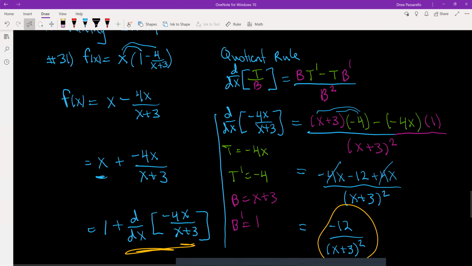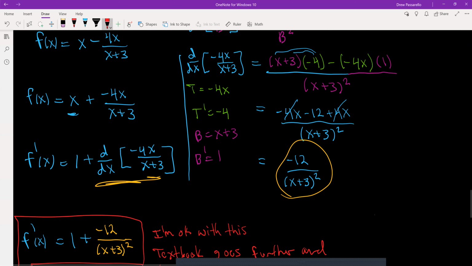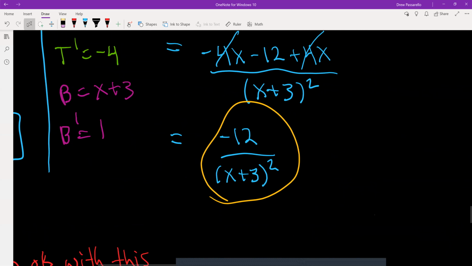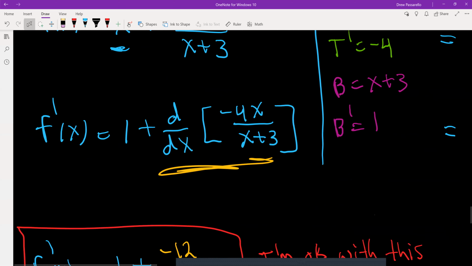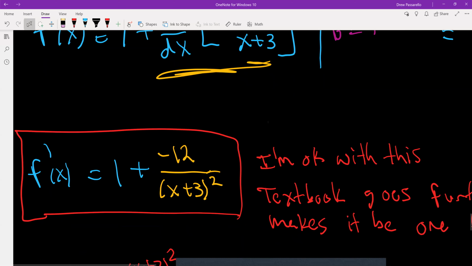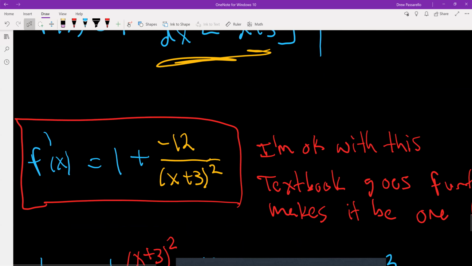And that involved using the quotient rule. And from the quotient rule, after I applied that and simplified, I got negative 12 over x plus 3 squared, and that's the derivative. So my f prime of x is 1 plus the negative 12 over x plus 3 squared. And I'm okay with that as the answer.